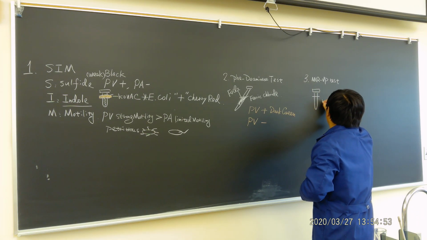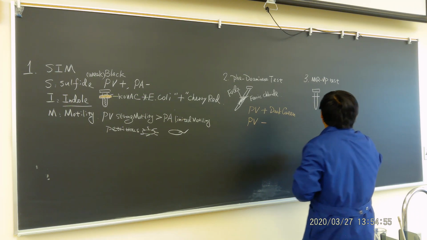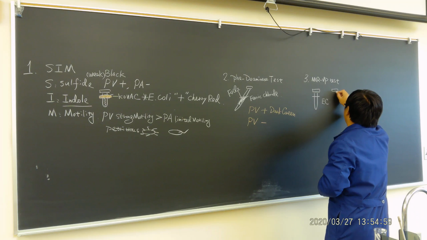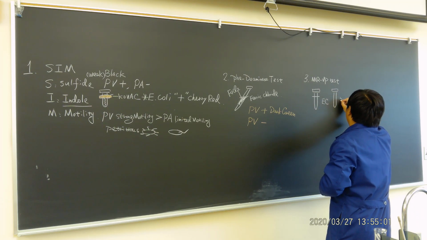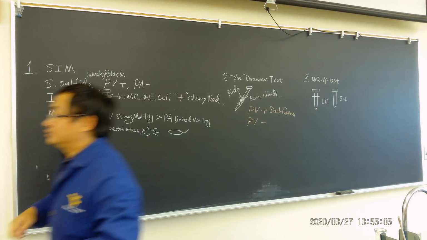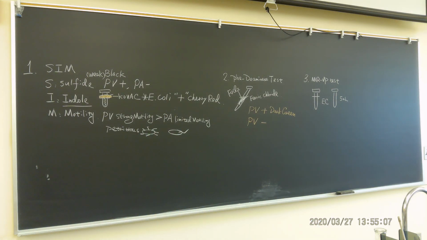So let's say you have a solution which is E. coli. What we're going to do? You have to grab an empty 5 ml tube. Give each of them one. Who has this? Who is going to do it?